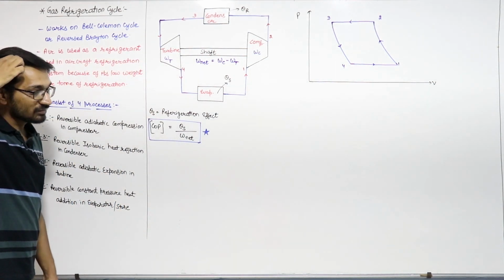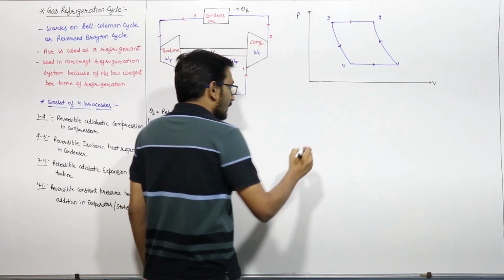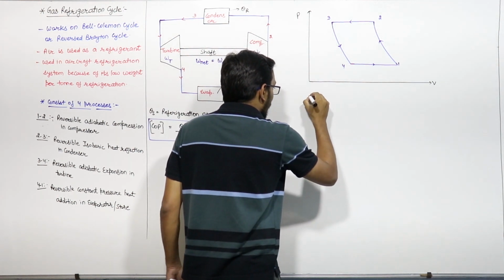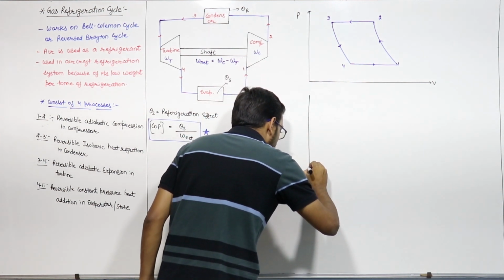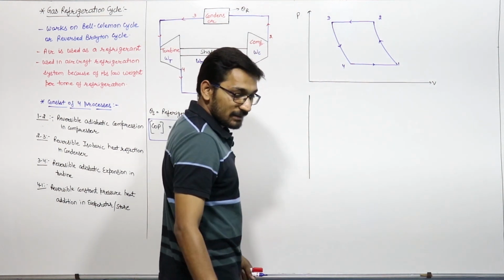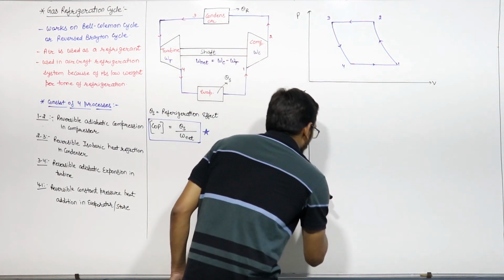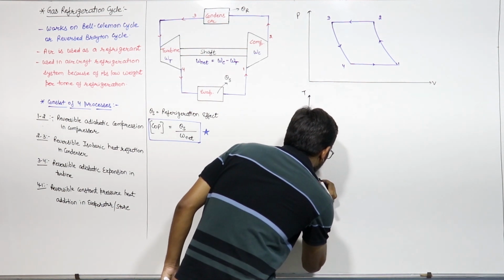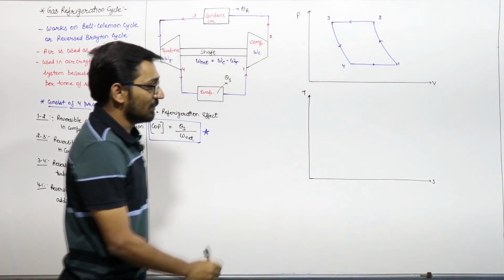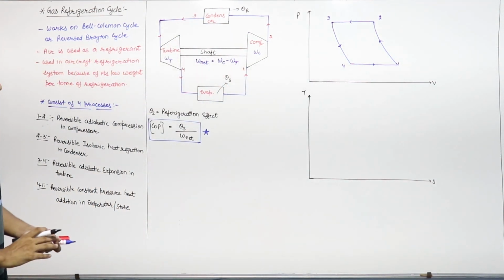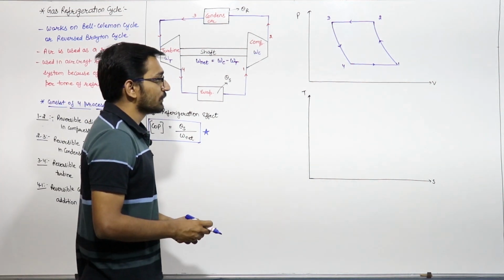Now, if I want to plot a TS diagram for this, let us draw a TS diagram. If your thermodynamics concepts are very good, then you won't face any problem in drawing the PV diagram and TS diagram of any process. We already studied thermodynamics in detail. So if you go through all these things, drawing phase diagrams is not a problem for you.